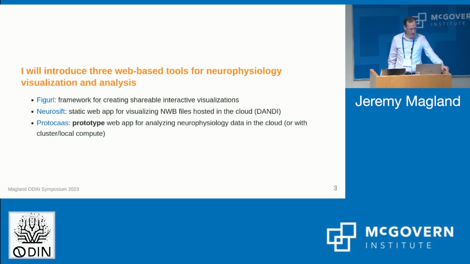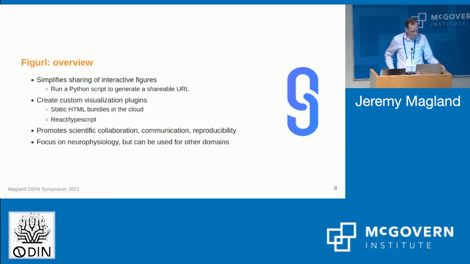And then ProtoCast is a prototype web app. So that's why it starts with the word proto, for analyzing neurophysiology data in the cloud or with local or cluster compute. I'm excited to get to that third one because that's what I'm working on right now together with Catalyst Neuro.